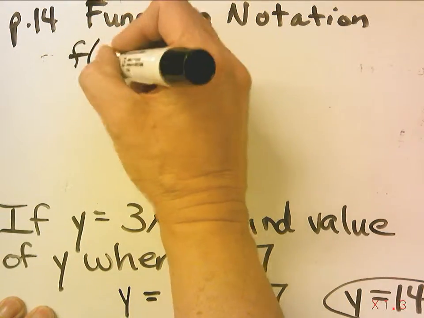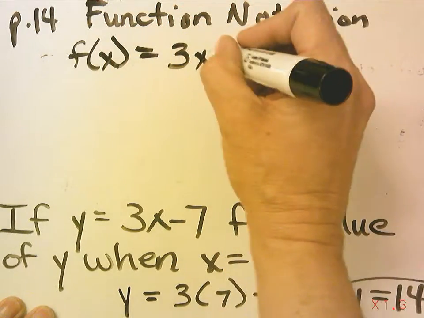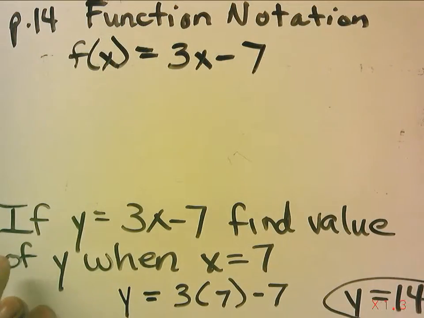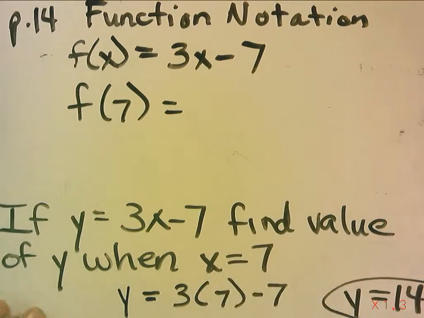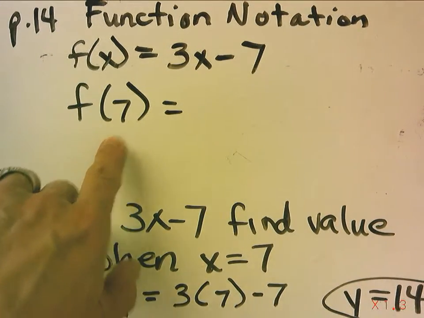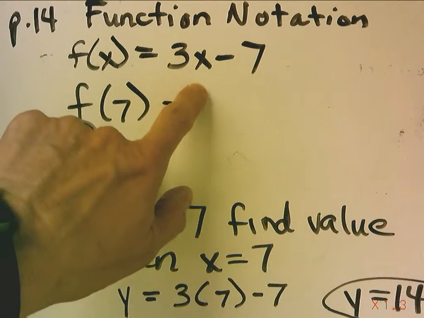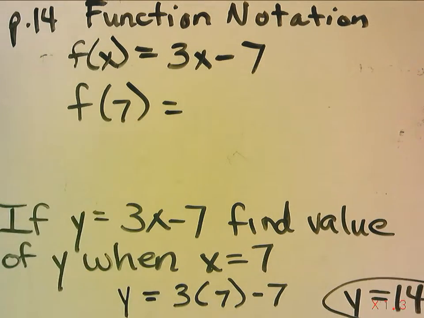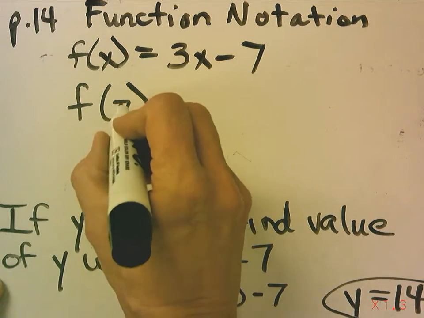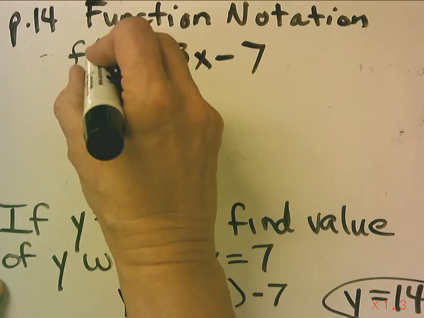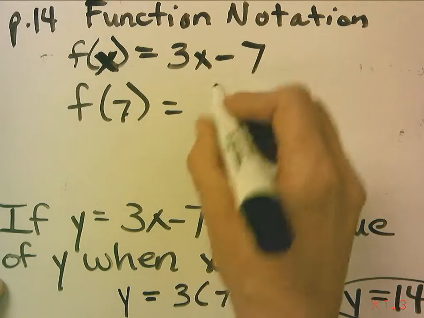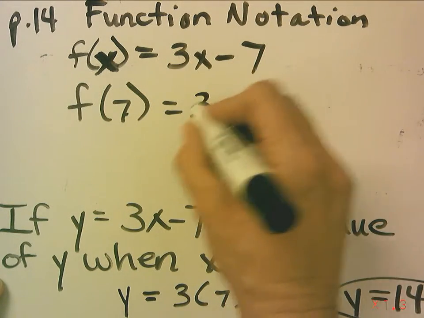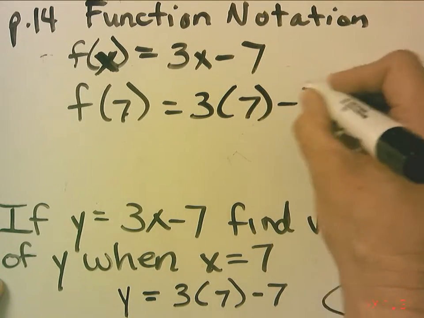If you know f of x equals 3x minus 7, to ask the same question, find the value of y when x equals 7, all you have to write is f of 7. So f of 7 means, what is the value of this function when x equals 7? Wherever there was an x, we now plug in a 7. So we say 3 times 7 minus 7.